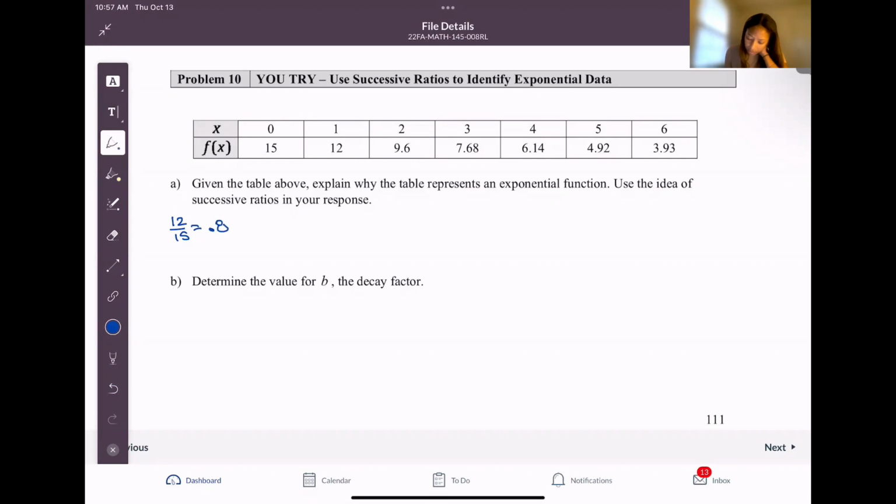Then if we do 9.6 divided by 12, again, that's 0.8. Then let's just check the next one to be sure. 7.68 divided by 9.6. Again, that's equal to 0.8. So we see here that the successive ratios are constant.